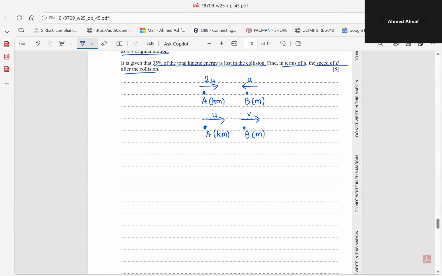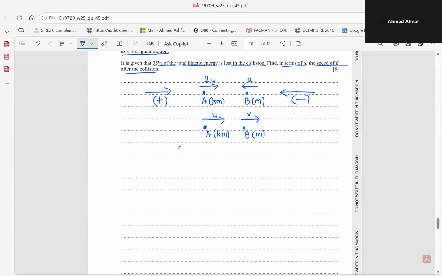First of all, let's use conservation of momentum. Since momentum is a vector quantity, if it's moving to the right, the velocity is going to be positive. To the left is going to be negative.